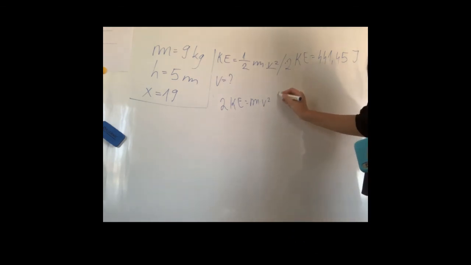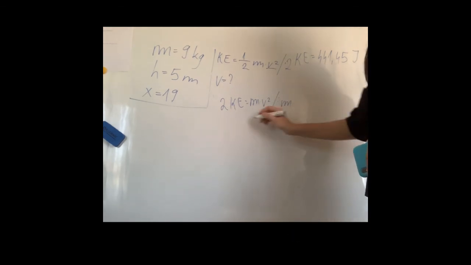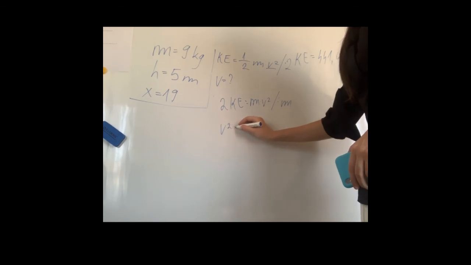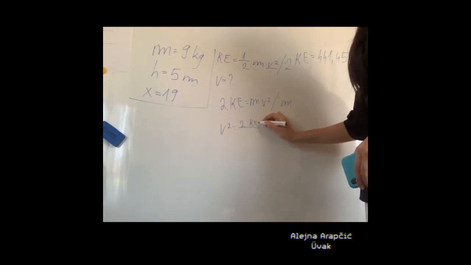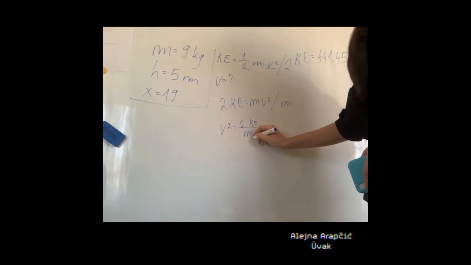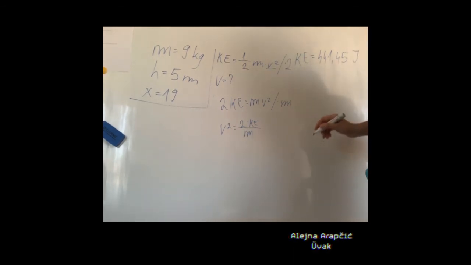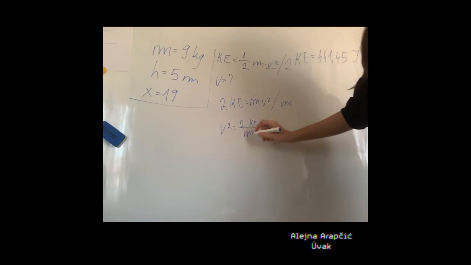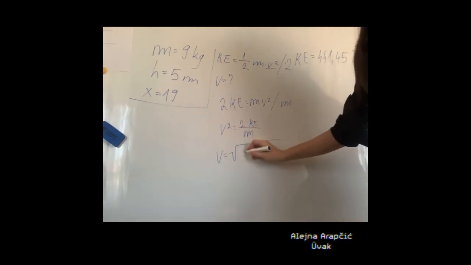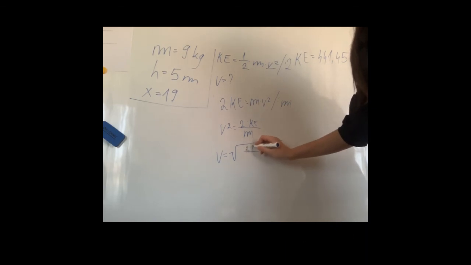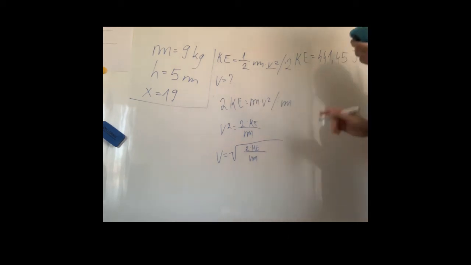And now we're going to divide by m. So v squared is equal to 2 times kinetic energy divided by m, and v is equal to the square root of 2 times kinetic energy over m.